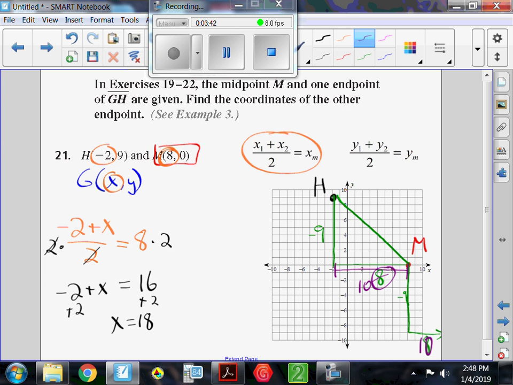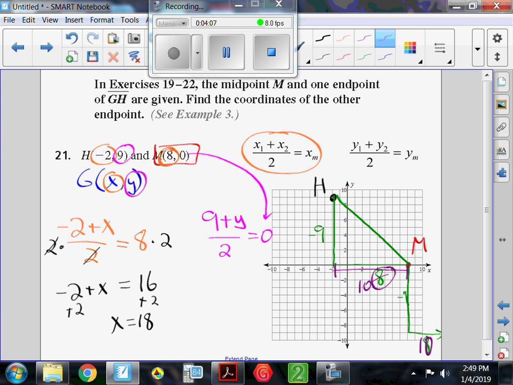So I figured that out. For the y's, I'm going to take y plus y divided by 2. So 9 plus y divided by 2. That's the formula for finding the average of the y's, or the midpoint of the y's. So I know the y coordinate of the midpoint is going to be 0, because that's what I was given.